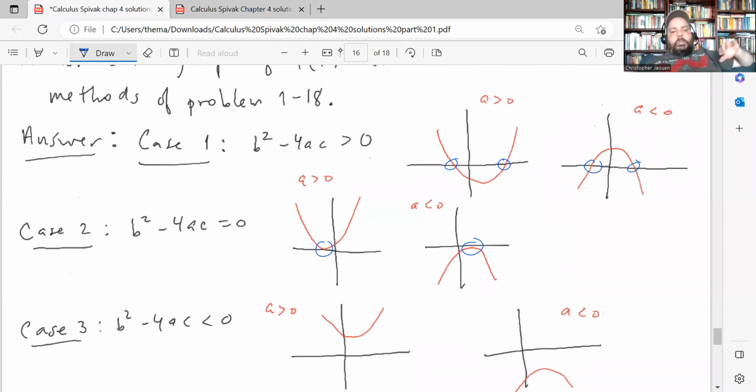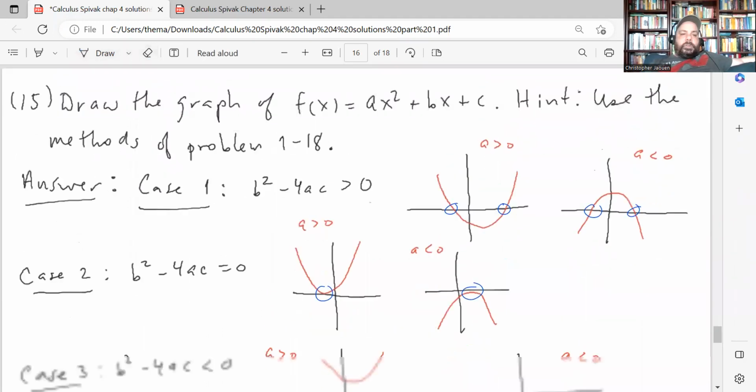And they open either up or down based on the sign of A. And if the discriminant is negative, then you have no real roots, which means that the graph of the parabola never touches the x-axis at all. So it either lies completely above the x-axis if A is positive, or completely below the x-axis if A is negative. Right, so that's essentially the solution there.